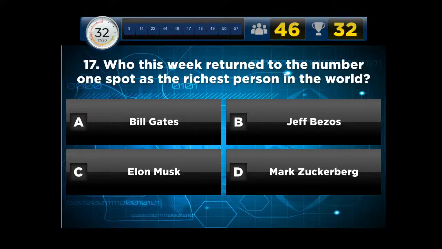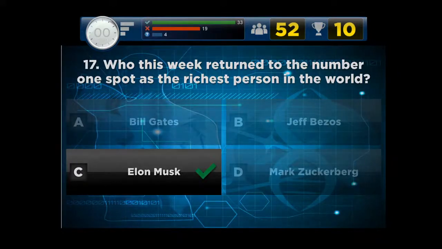Bill Gates, Jeff Bezos, Elon Musk or Mark Zuckerberg? And 15 seconds remain. And the answer is Elon Musk.